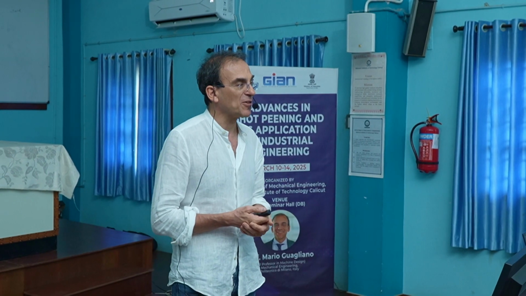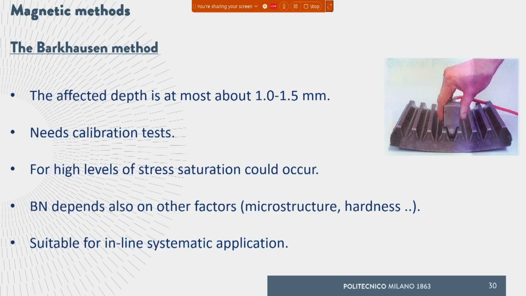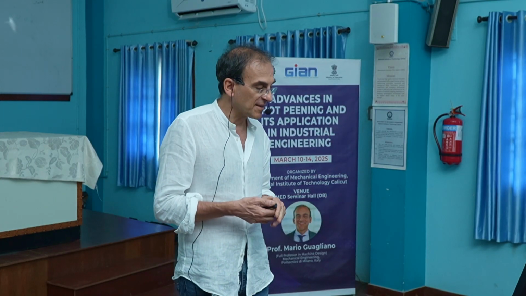But if we are thinking of quantitative evaluation, quantitative measurement, this is not a good way to proceed. Why? Because the Barkhausen noise depends not only on the residual stress, but on many other factors, microstructural and so on. So if we don't have a very fine calibration on a part that is stress-free with the same microstructure, the same grain size, and the same everything as our part, the quantitative relation is not accurate.